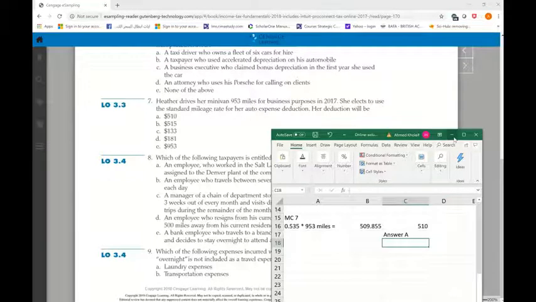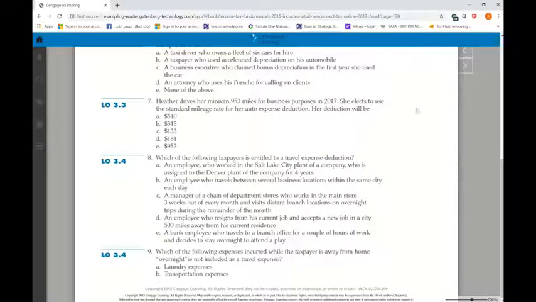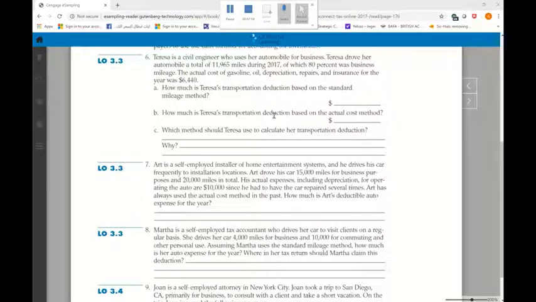We'll move now to some problems related to this learning objective. We'll see now problem 6 for transportation. Teresa is a civil engineer who uses her automobile for business.